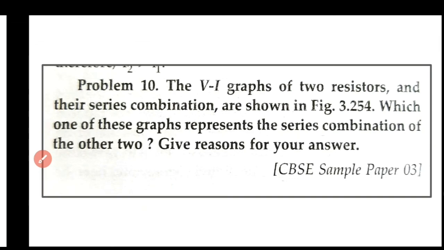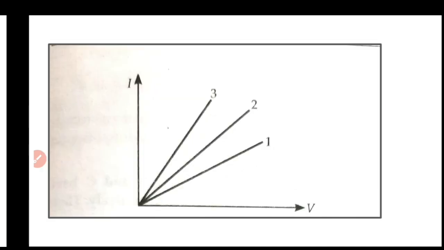Now next question: the VI graphs of two resistors and their series combination are shown. Which of these graphs represents the series combination of the other two? Give reason. As I said earlier, when resistors are connected in series, the effective resistance increases. But here it is given reversely, that means I is along the y-axis.